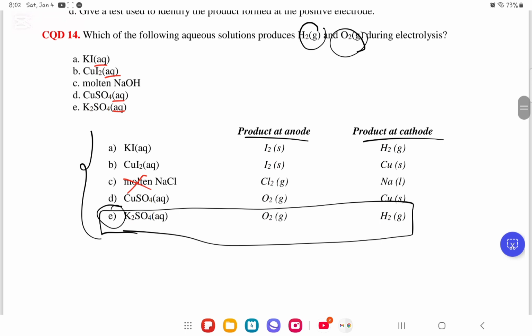Since it is concentrated, then K is not going to form, instead I will form. Cu is going to form, but SO4 is not going to form. But here, K will not form and SO4 is not going to form. So instead, O2 will form at the anode and H2 will form at the cathode. O2 will form instead of OH- and H2 will form instead of H+.